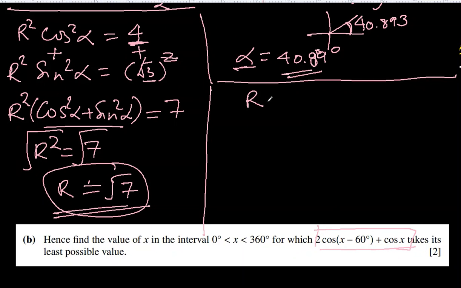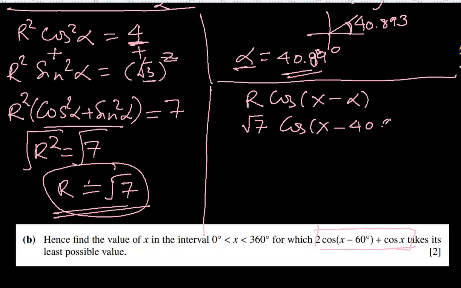We had r cos x minus alpha. This was the format, right? R we got was square root 7 cos x minus 40.9 degrees.